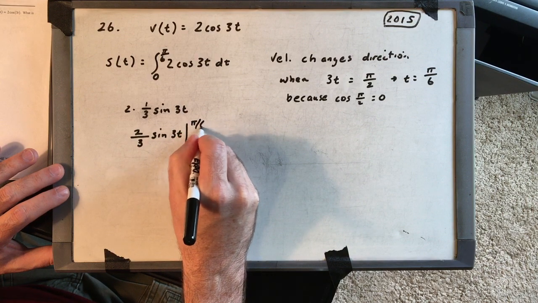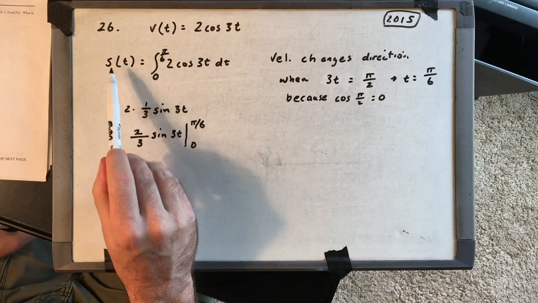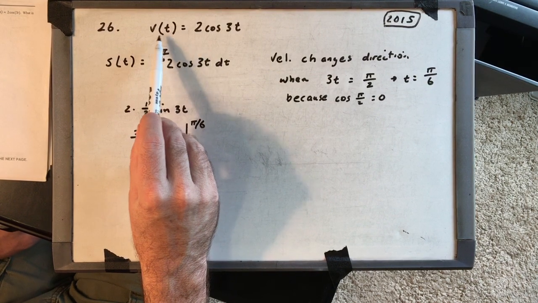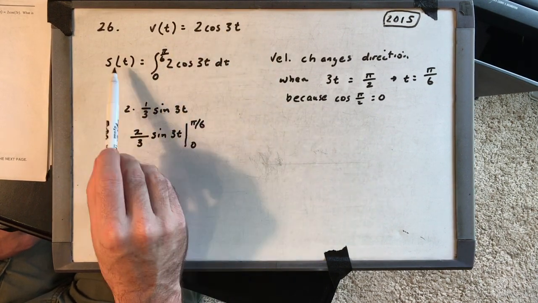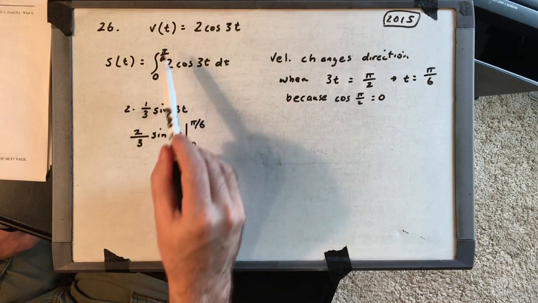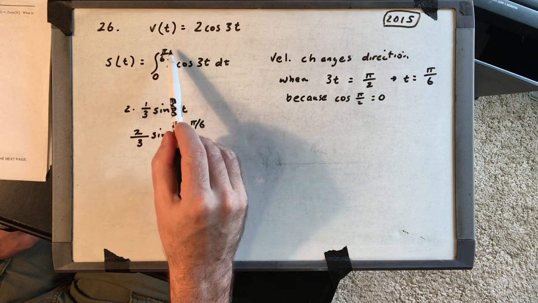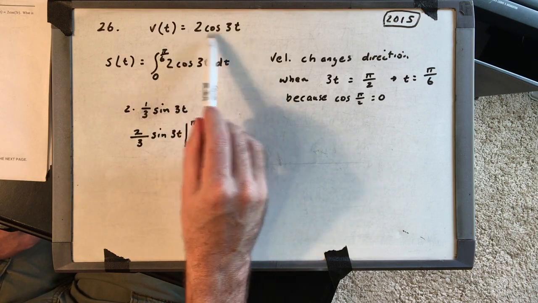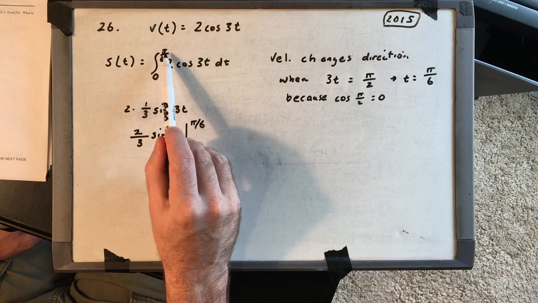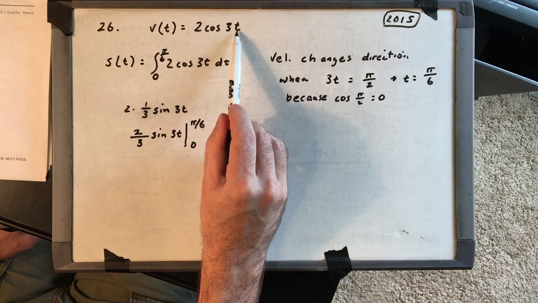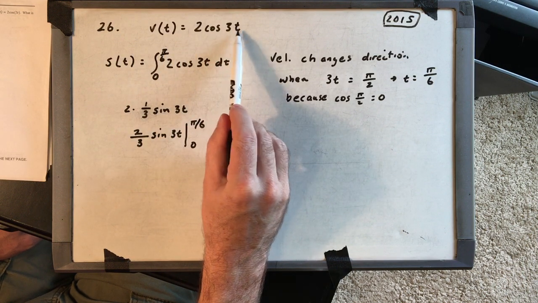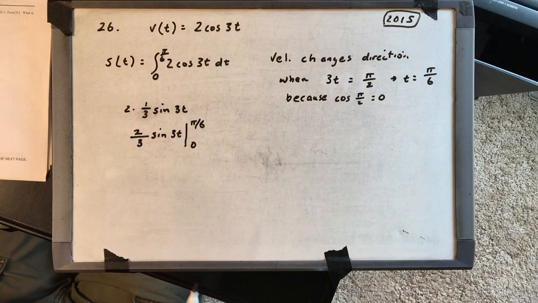So really the tricky part, I'm sure you remembered you're going to have to integrate v of t to get the distance, to get s of t. But the tricky part is what are our limits of integration? And it's where this thing goes from positive to negative, and that's at pi over 6. I'm plugging pi over 6 into t. That's going to give me pi over 2, where cosine is 0.